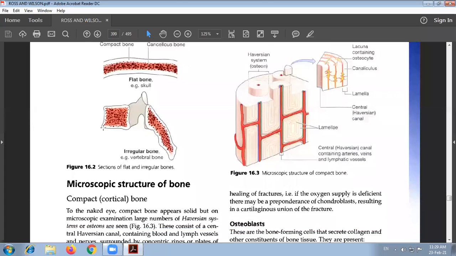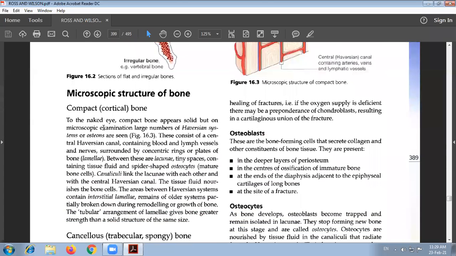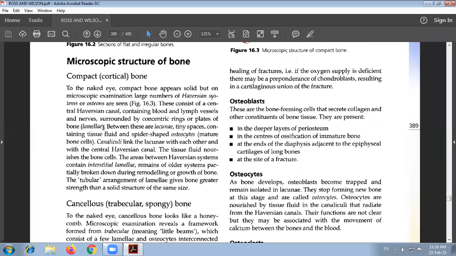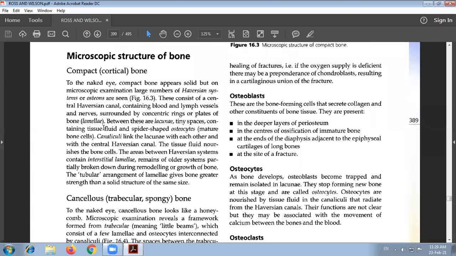So next we will continue with the microscopic structure of the bone. When we observe it under the microscope, the compact bone, which we see with the naked eye, has inside it various different structures and cells arranged very compactly, so that it gives a very hard and solid appearance that makes the bone.